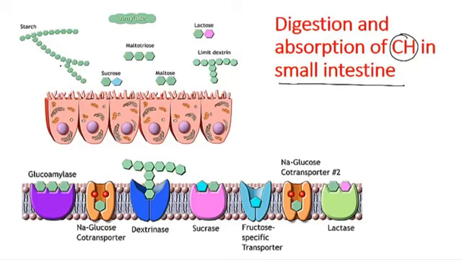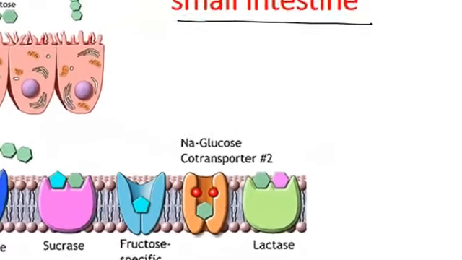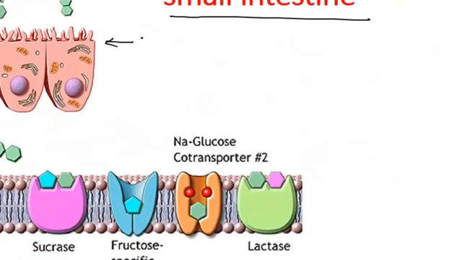There are intestinal cells with what is known as the brush border. For the digestion, these brush border enzymes complete the process of carbohydrate breakdown into monosaccharides.